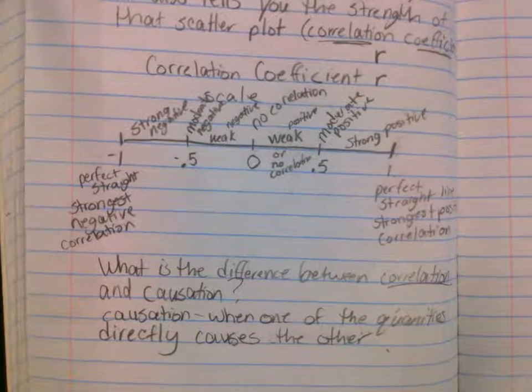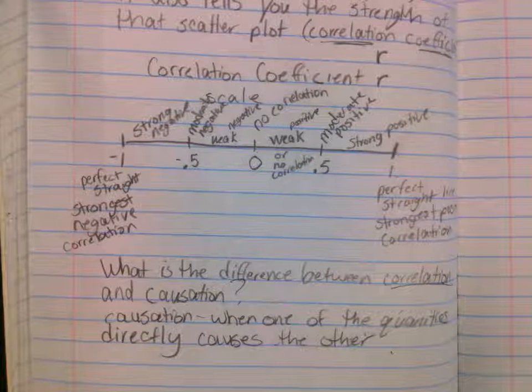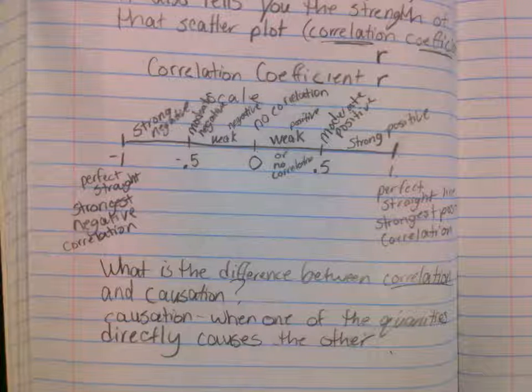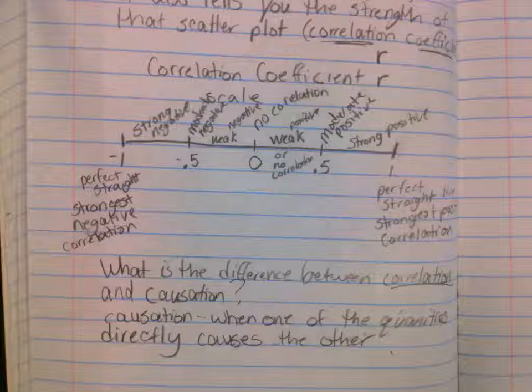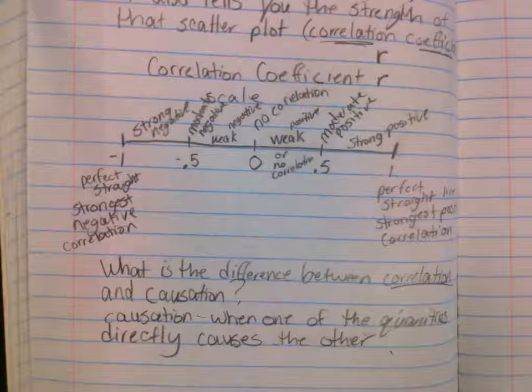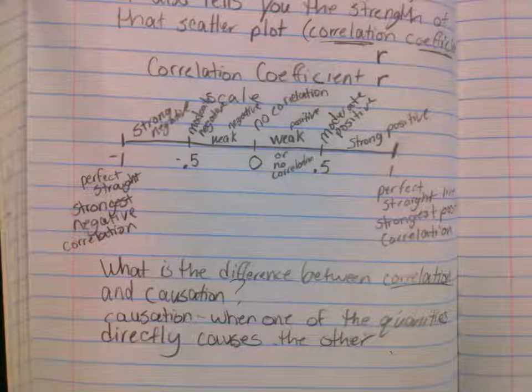The amount of money you make per hour, and the total pay, that is causation. That truly directly affects how much you make total.